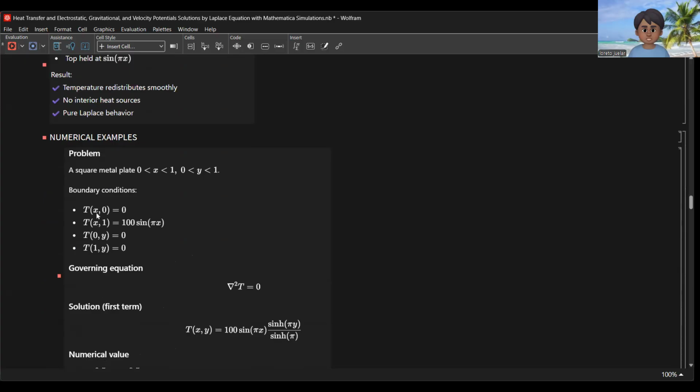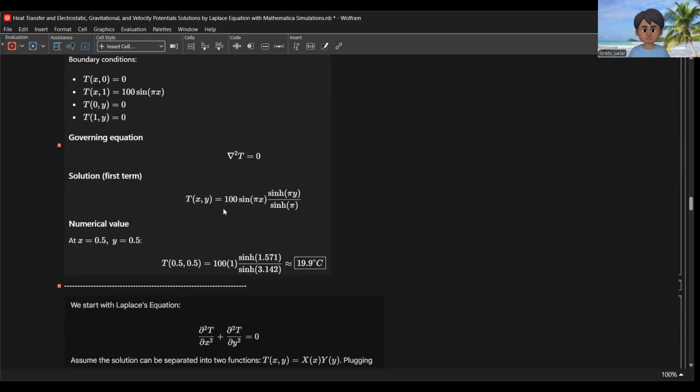So for example, here are numerical examples. Temperature at y equal to 0 is equal to 0. At y equal to 1, the temperature is given by 100 sine pi times x. At x equal to 0, temperature is equal to 0. At x equal to 1, temperature is equal to 0.